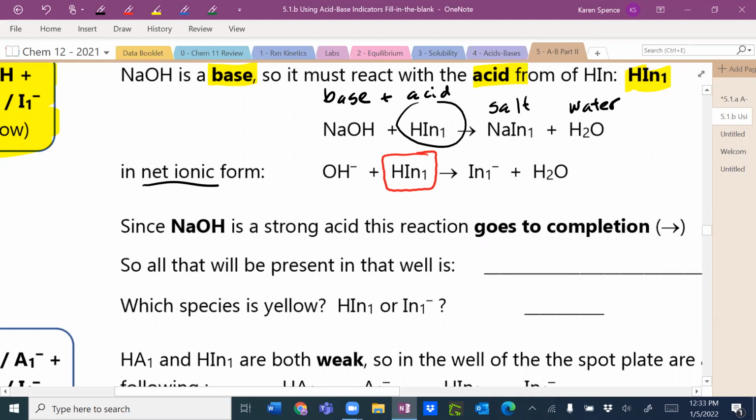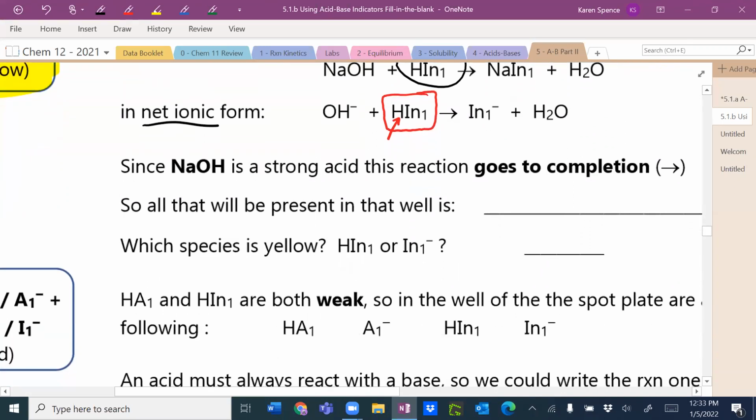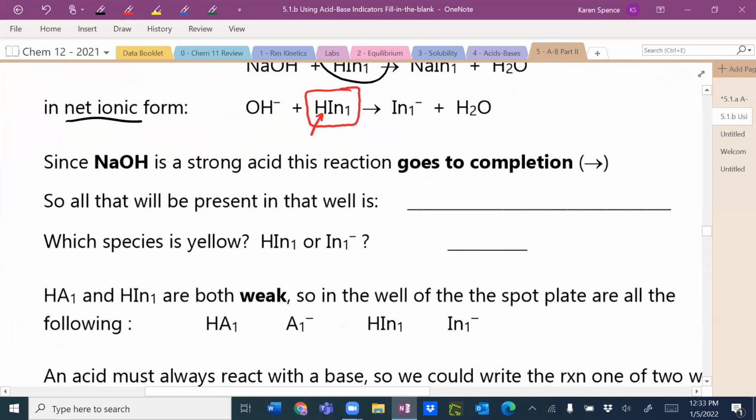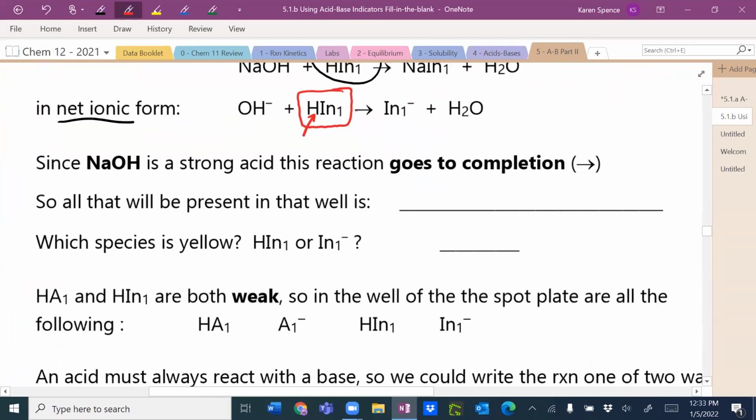Once it takes a proton away from the HIN1, it will not give it back. Okay, the proton is now stuck on water till the day it dies. I don't want red there because red is like saying it's red. Water is not red, not unless you put food coloring in it. Okay, goes to completion.